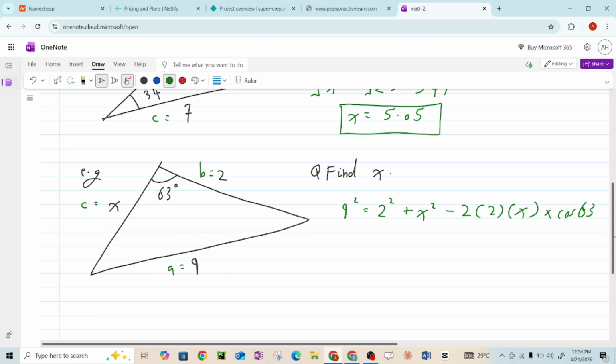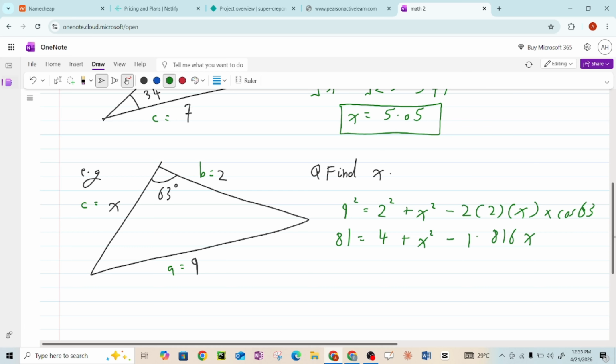So 9 squared, that's 81. 4, you just get x squared as it is, minus 4x into cos 63. So cos 63 times 4 is 1.816. So let's first write that down, 1.816x.